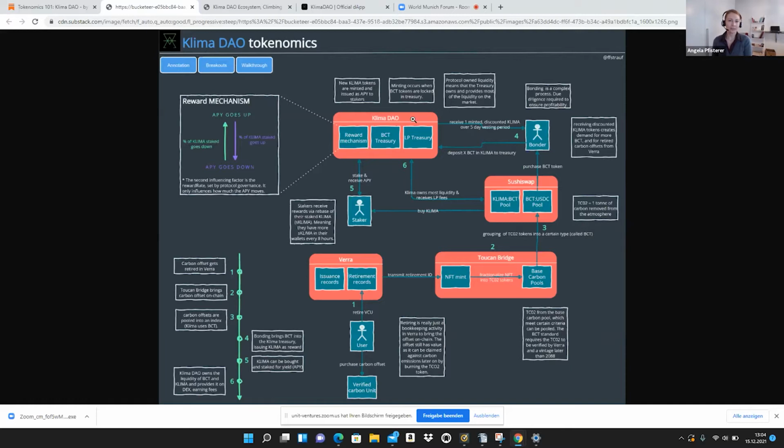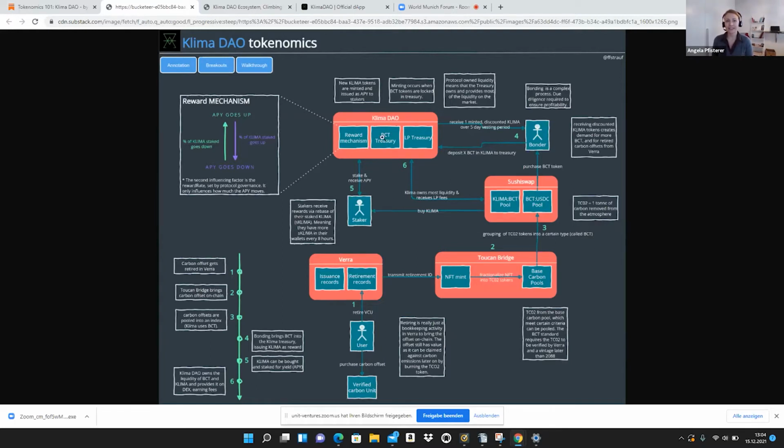In former times, our currency was also backed by something. It used to be gold. So KlimaDAO does more or less an old principle. They want to issue a currency, and that is the Klima token. This Klima token is backed by something called BCT, base carbon ton.